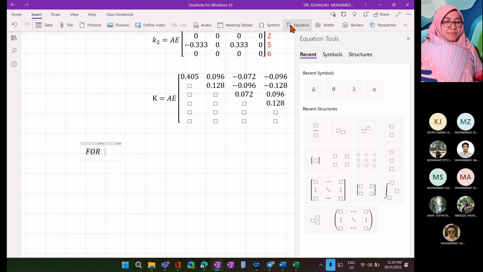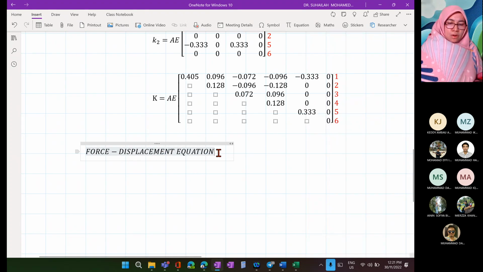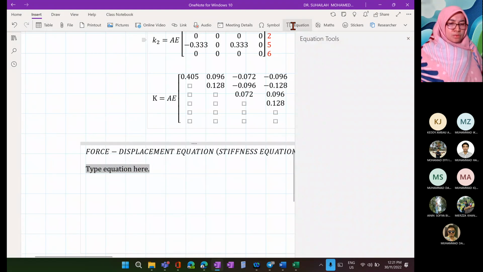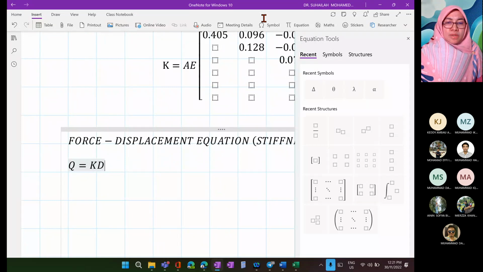The force displacement equation is Q is equal to KD. This is the basic one.